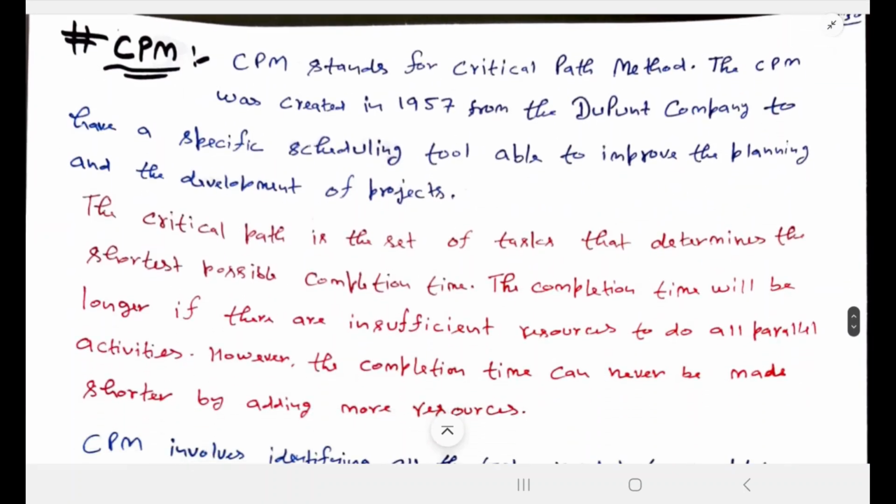Our next diagram is CPM, critical path method. This CPM was created in 1957 by the DuPont company to have a specific scheduling tool able to improve the planning and the development of projects.